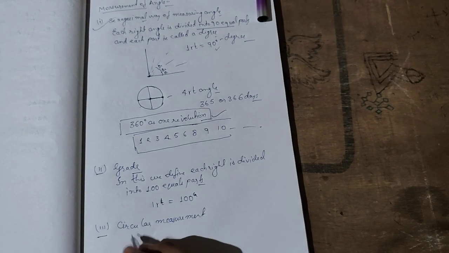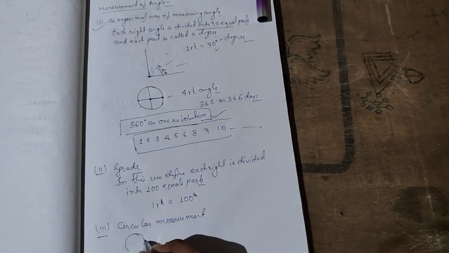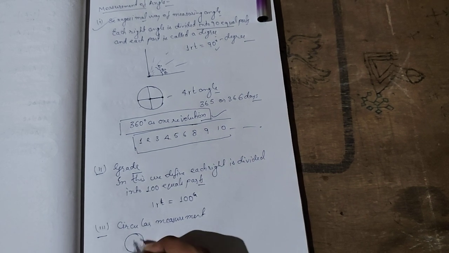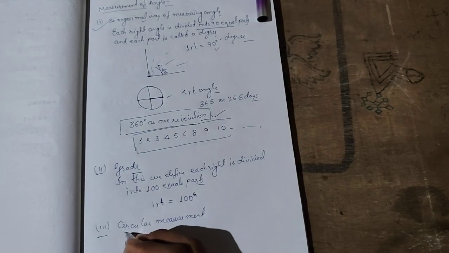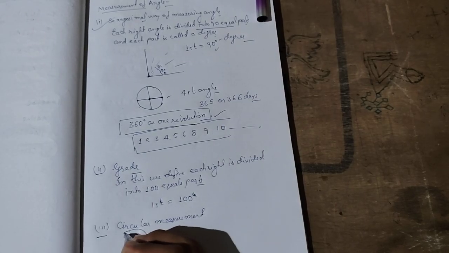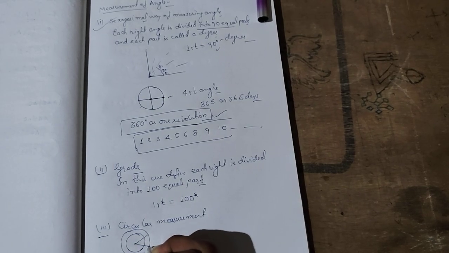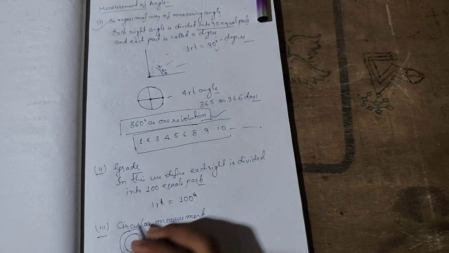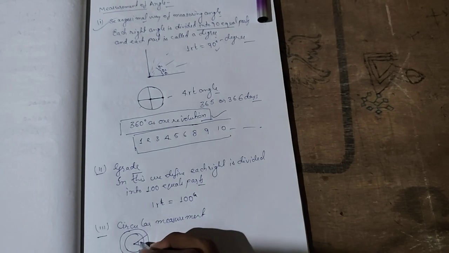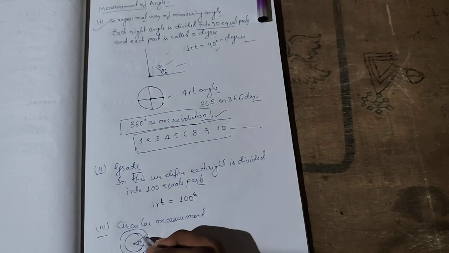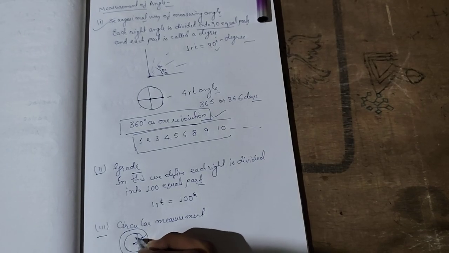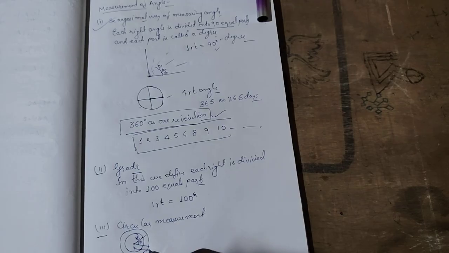Let's suppose I have a circle and I'm taking two concentric circles. This is R1, and that is R2.